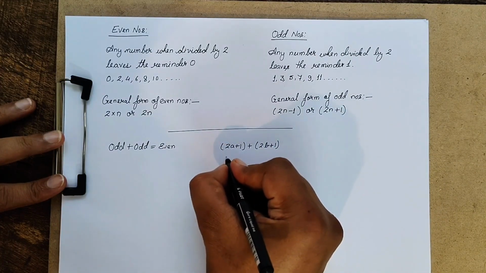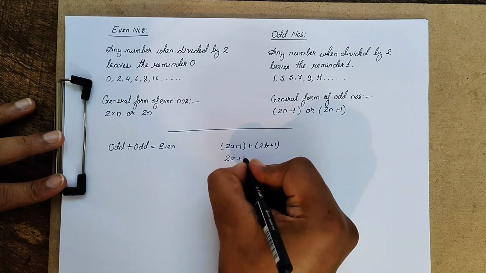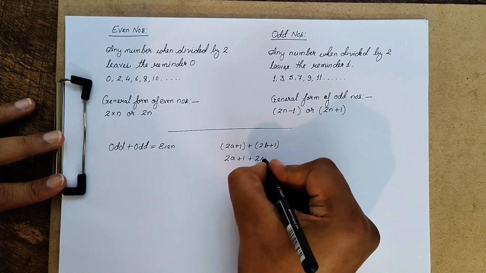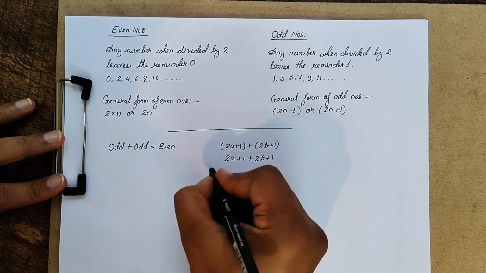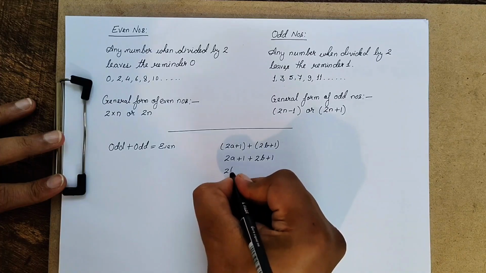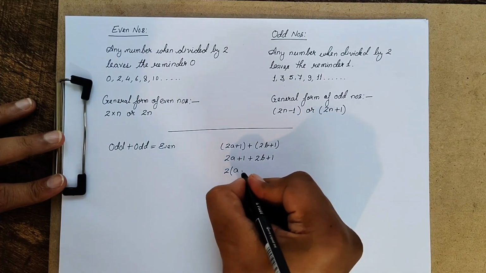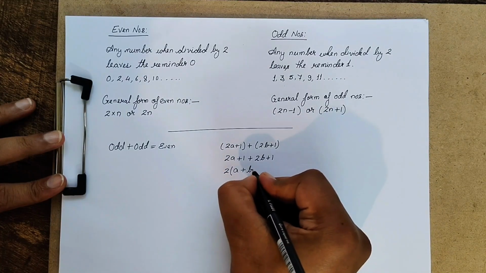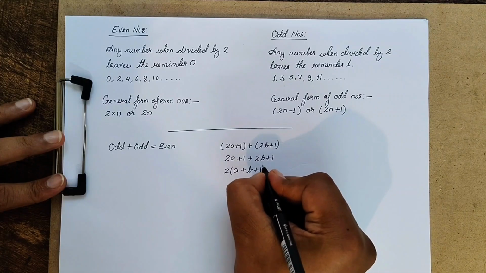So we can write this as 2a plus 1 plus 2b plus 1. Taking 2 out as common, we can write 2 times a plus b plus 1.